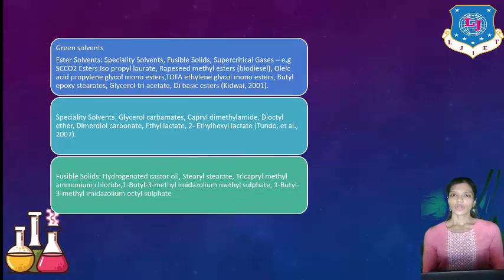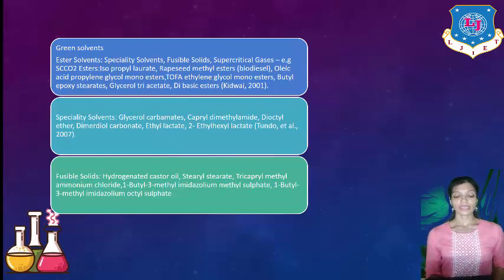Right? Let's talk about the applications of green chemistry. Here, one of the examples we can take is green solvents, right? So the ester solvents typically, specialty solvents, fusible solids, supercritical gases such as SCCO2, that is supercritical CO2, then propyl laurate, then rapeseed methyl esters.